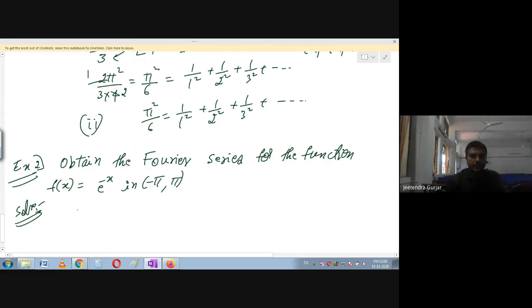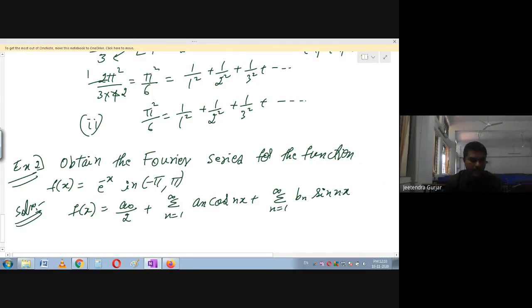So first you have to remember, first write the formula. Once again I will repeat the formula. f(x) is equal to a₀/2 plus summation n=1 to infinity aₙ cos nx plus summation n=1 to infinity bₙ sin nx.